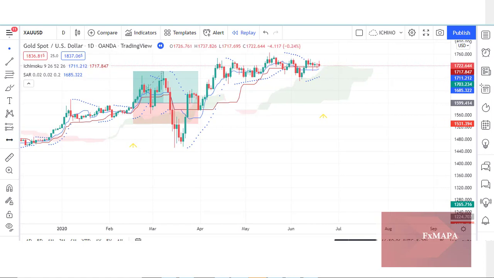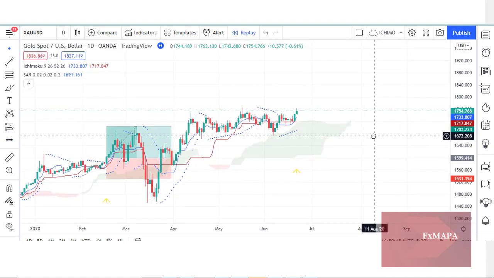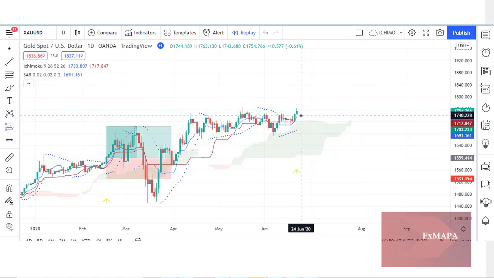As we can see here, the conversion line of the Ichimoku cloud crossed the baseline of the Ichimoku cloud and candles are above the Ichimoku cloud. Also we can see the parabolic indicator also indicates a buy signal, so all our conditions are fulfilled here. Now we will take a buy trade.